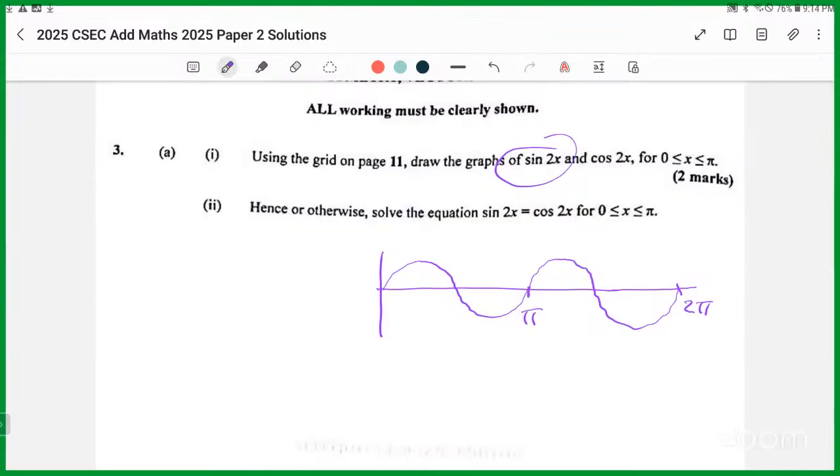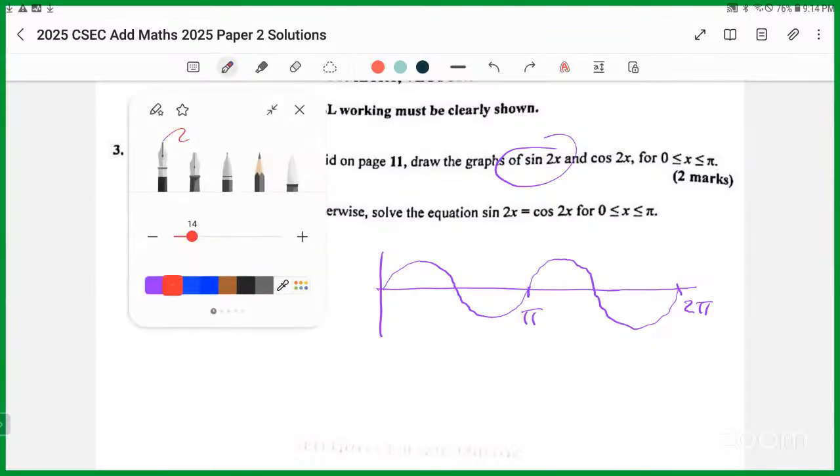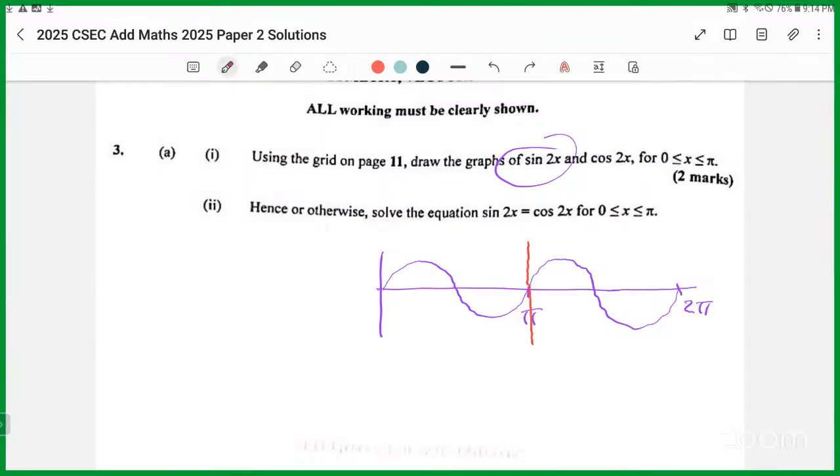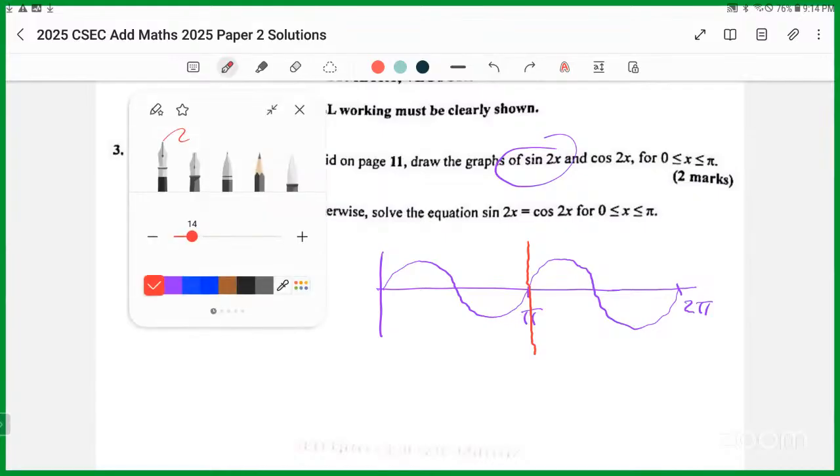And therefore, because it's 0 to pi, this is the graph that we have to draw. Draw it up here. So we get one cycle by pi. Same thing happens with the cosine graph. I'll put the cosine graph on this sketch just to illustrate.